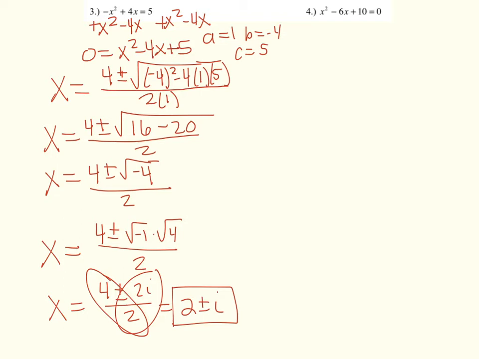Example 4 is already in standard form, so I can go ahead and identify that a equals 1, b equals -6, and the constant equals 10.